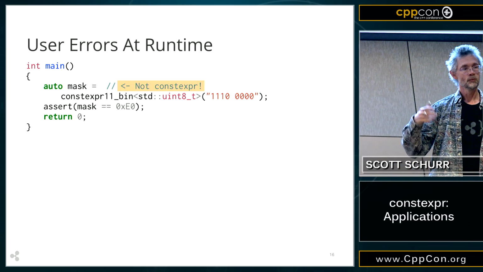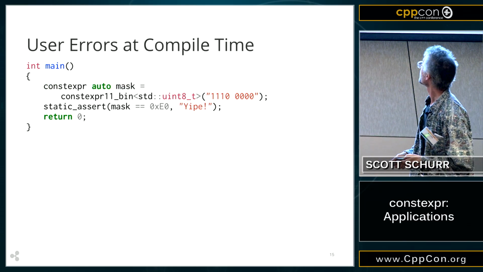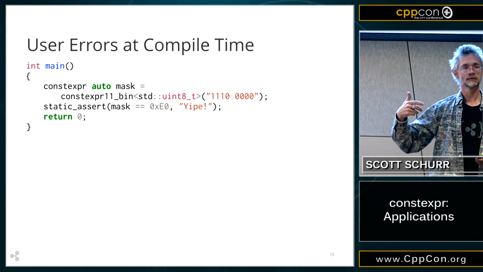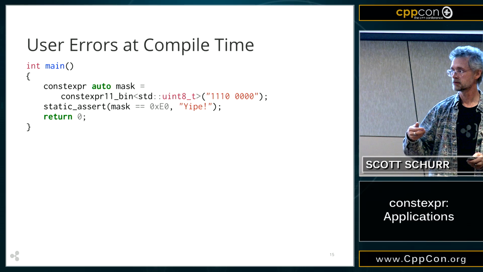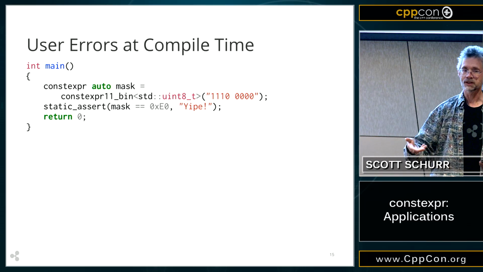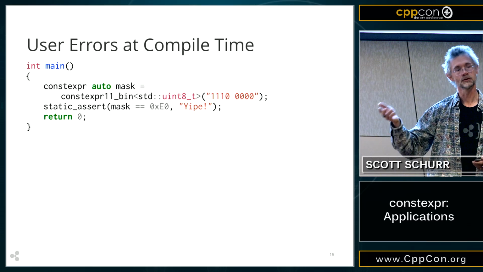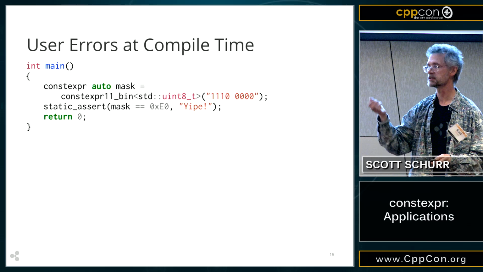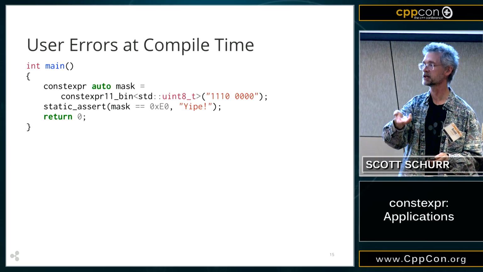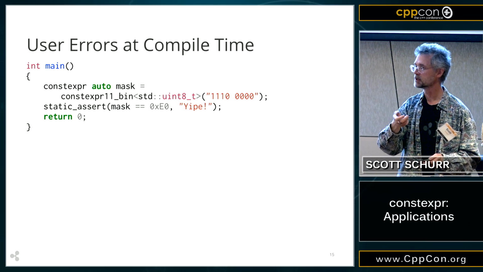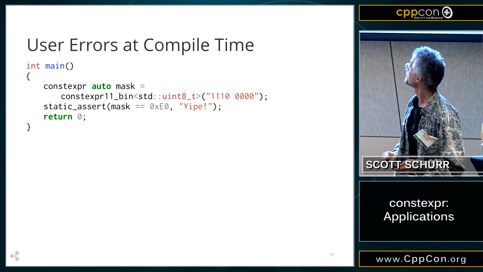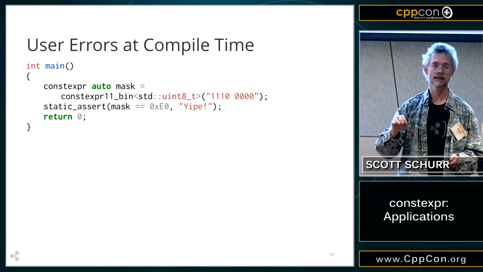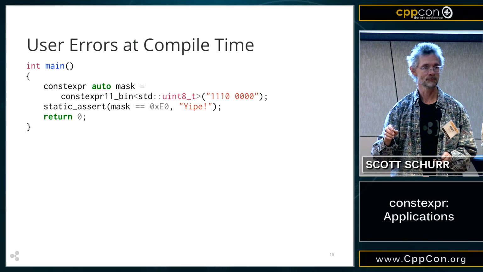The way you force a constexpr piece of code, method or function, to be computed at compile time is to force its results to be a compile time thing. And the easiest way to do that is to have the result of that computation go into a constexpr variable. So you'll notice right up there, mask is declared as constexpr. That's how we're forcing it to be a compile time value.